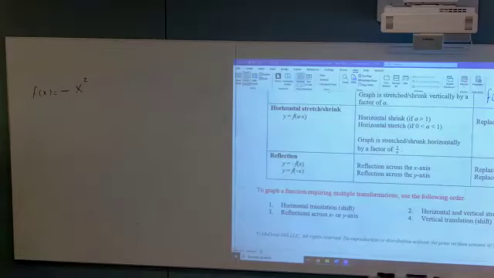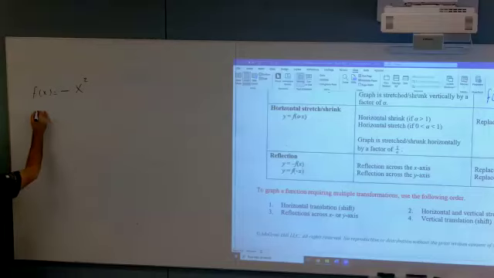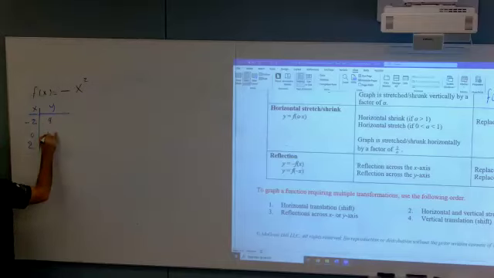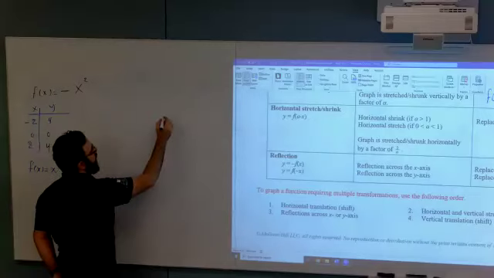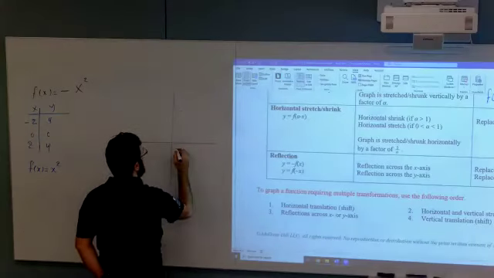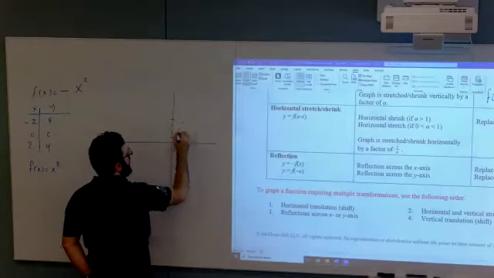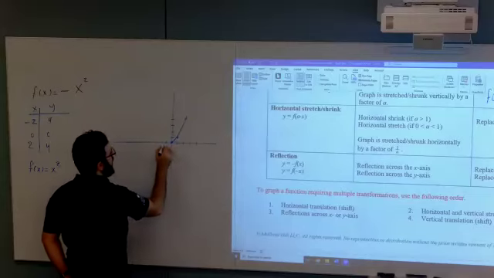And we already know the graph of the basic function. Choose x, y: choose -2, 0, and 2, right? I'm graphing the basic function. I plug in -2 here, 4, 0, and 4. So this is the graph of the basic function, this one. It means 1, 2, 3, 4, 1, 2, 3, 4. This one is going to be the graph of the basic function.